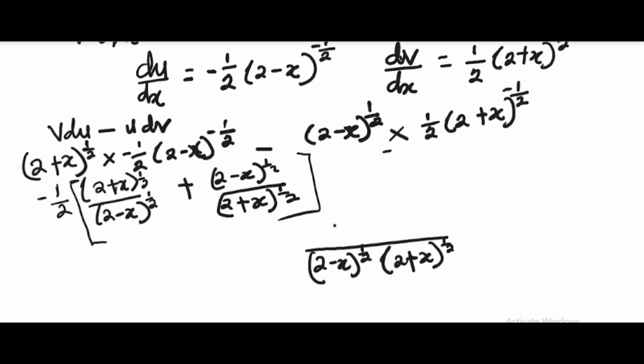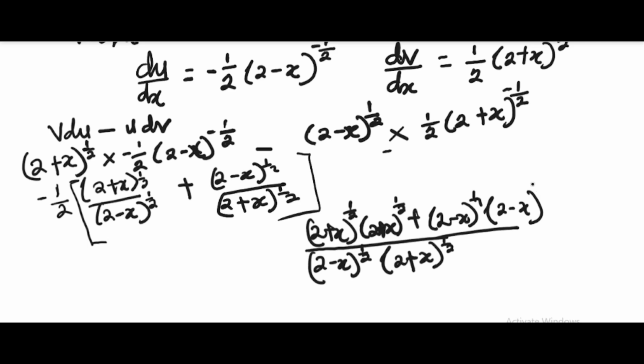So we'll have 2 plus x times half raised to the power of half times 2 plus x raised to the power of half plus 2 minus x raised to the power of half 2 minus x raised to the power of half. So this is where we can bring in the law of indices, where we add the powers, given that the bases are the same.